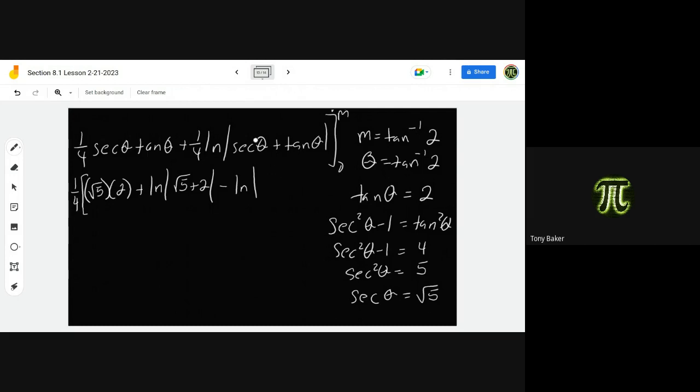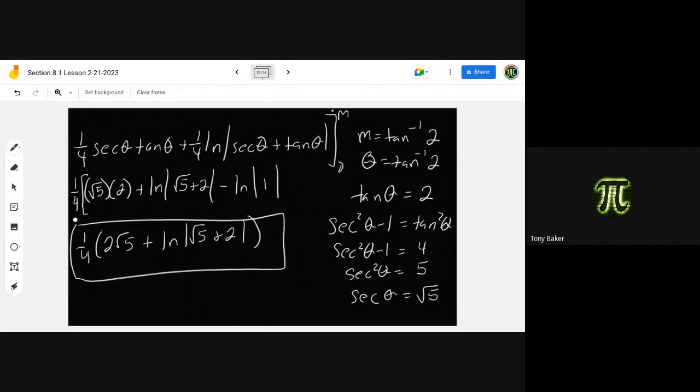So 1 plus 0 is 1. What's ln of 1? Ln of 1 is 0. So I have 1/4 times 2 square root of 5 plus ln of square root of 5 plus 2. And that's my answer.